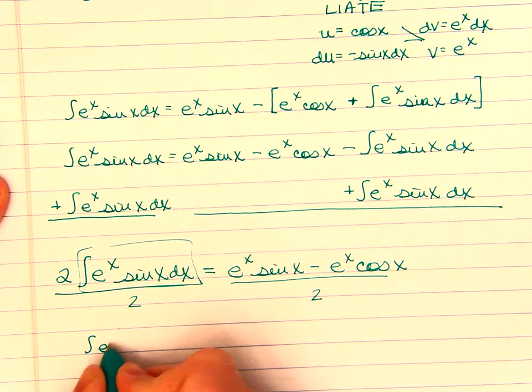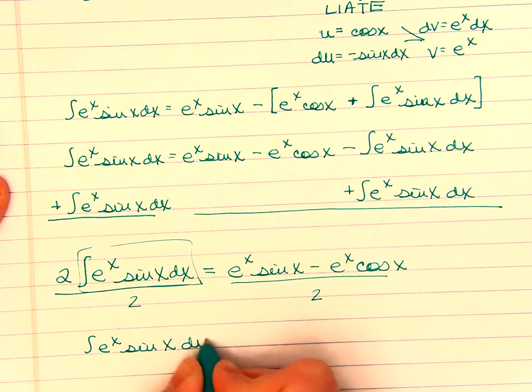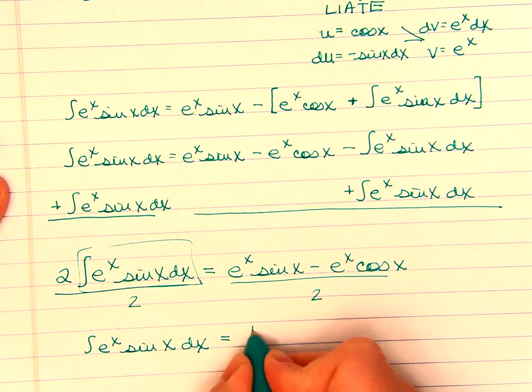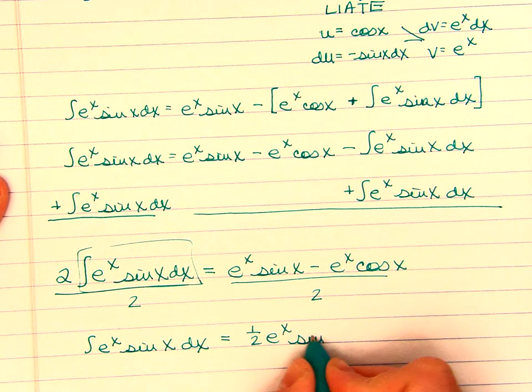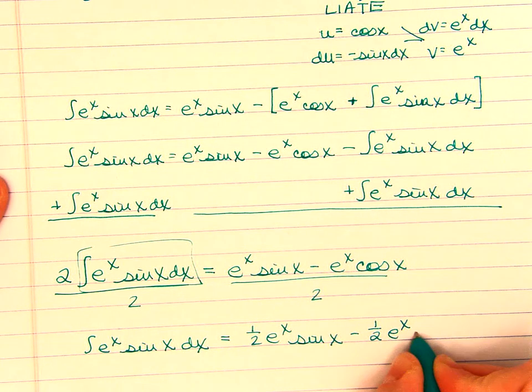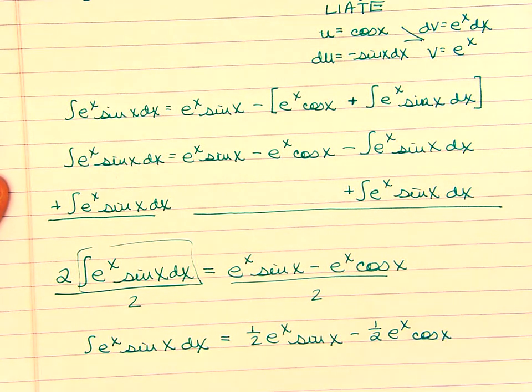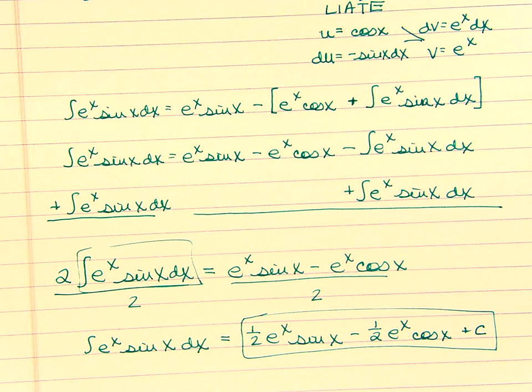And I'm going to get the integral of e to the x sine x dx equals 1/2 e to the x sine x minus 1/2 e to the x cosine x. And you know what? There's one more thing I do need here. I do need to just stick a plus c on that answer. That's my integral.